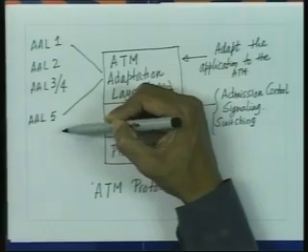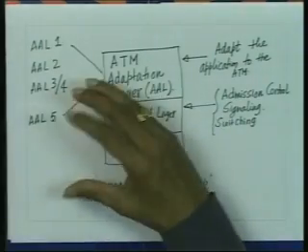But before we go into these various adaptation layers, one thing I would like to say is that ATM networks have classified the types of traffic that can be injected into an ATM network as one of 4 types, and I will show you what those types of traffic are.